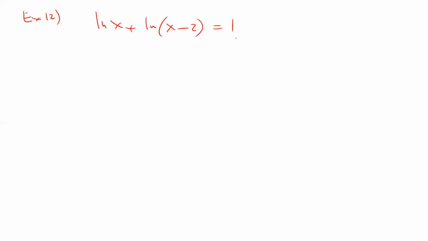If you want to go ahead of me, go for it. Otherwise, I don't like to see two ln functions. Can I combine these together as a single function? I see addition, so how about ln of x times x minus 2? Oh, that's cool. At least I have the ln by itself. I'm going to multiply this out. So how about ln of x squared minus 2x?